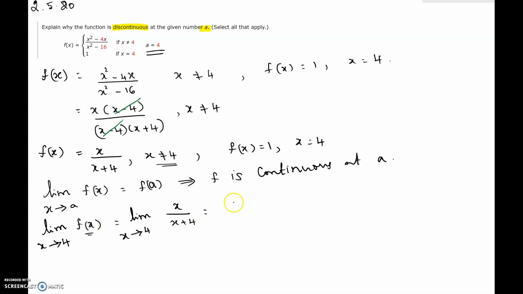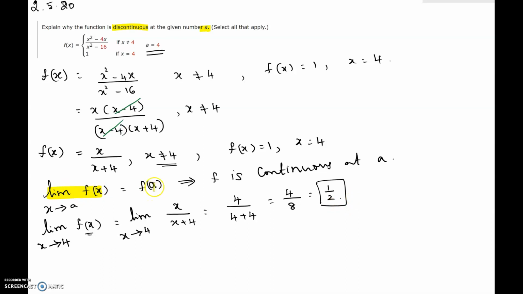So now you can plug in: x equals 4, divided by 4 plus 4, so which is 4 over 8, which is equal to 1/2. So the limit value, namely the left hand side of this expression, is equal to 1/2.